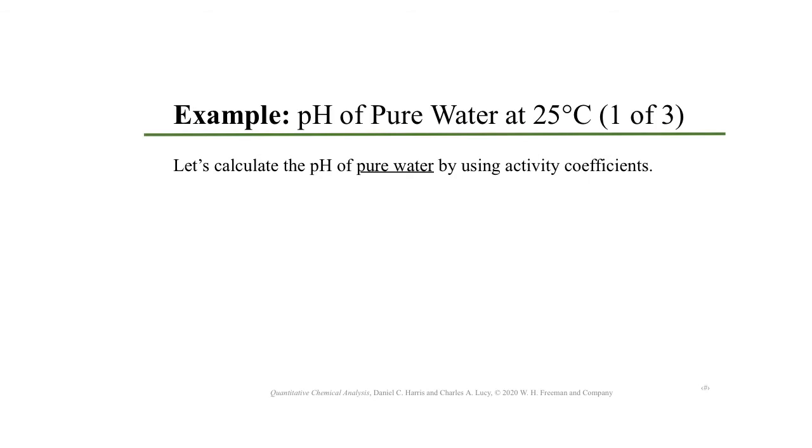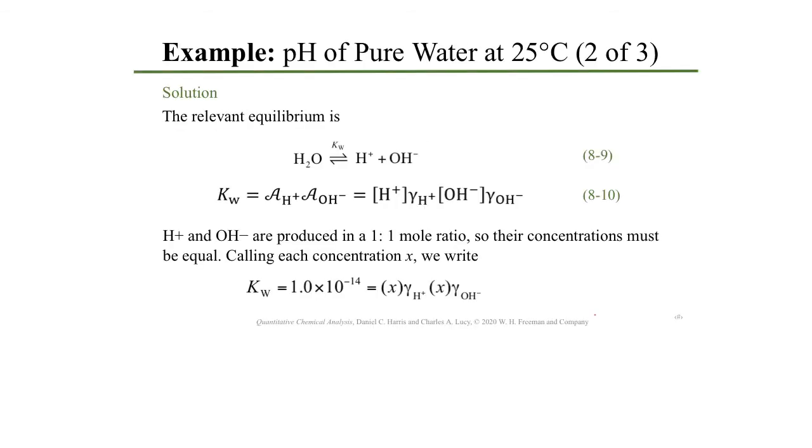So if you looked at pure water, you'd come up with 7 pretty quickly. But if you use activity coefficients, not so fast. So the activity coefficients, obviously, you have to calculate those now. And so now we're going to find the activity coefficient for H plus and for OH minus. We're going to plug those in.